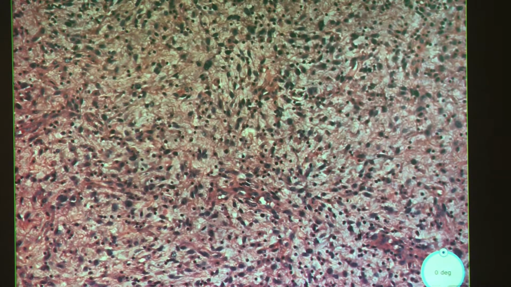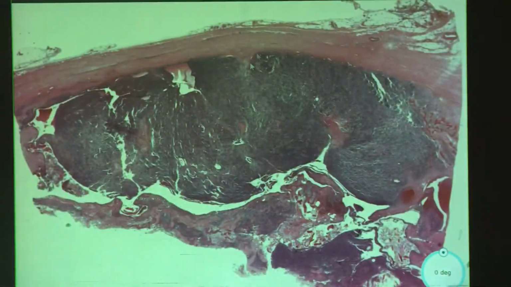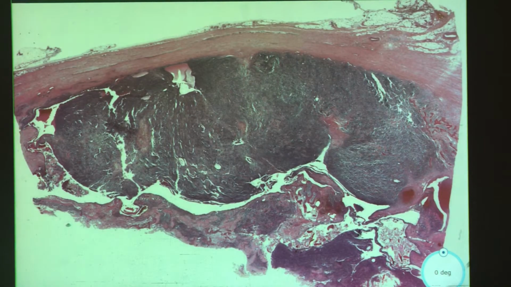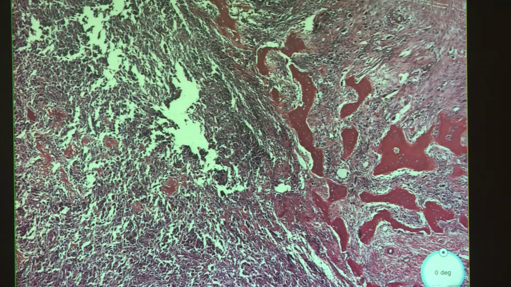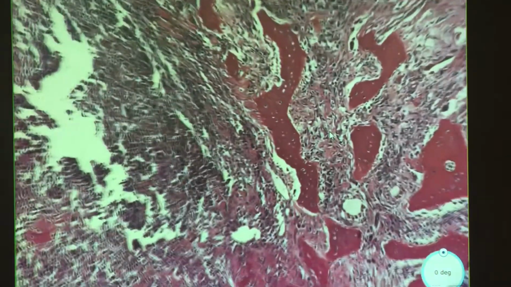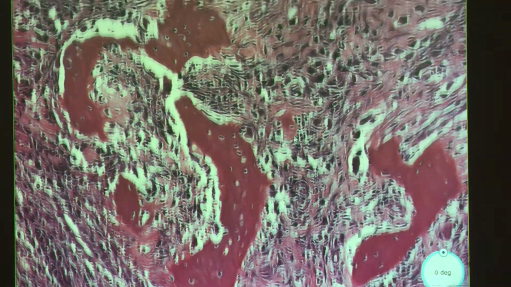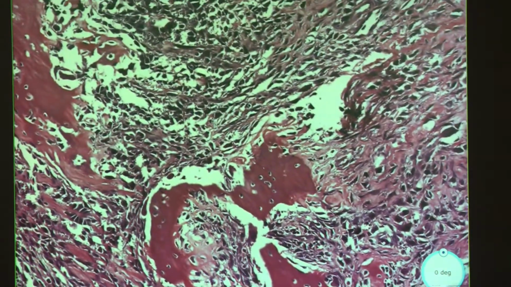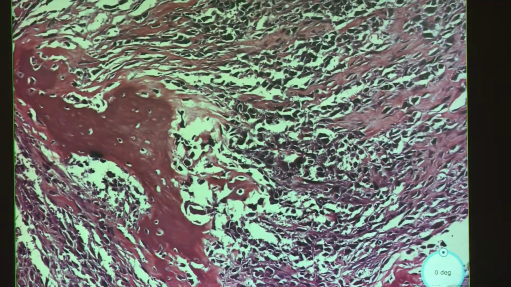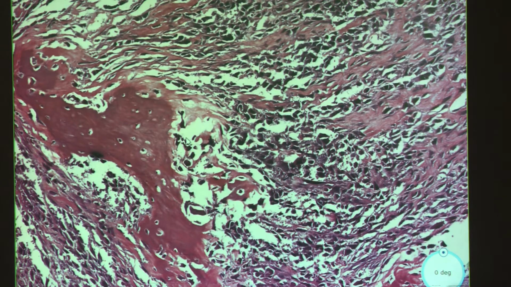Now, what I have on the next slide, which is case 3, is a little more conventional picture of what you might see in other areas of that tumor. So where we have some more osteoid-type cells, we have some cells that maybe look more like osteoblasts, like we saw a couple weeks ago when we did our benign bone lesions and we were looking at osteoblastomas.